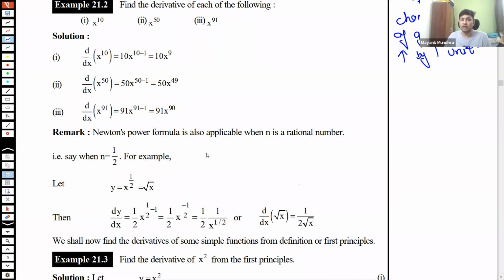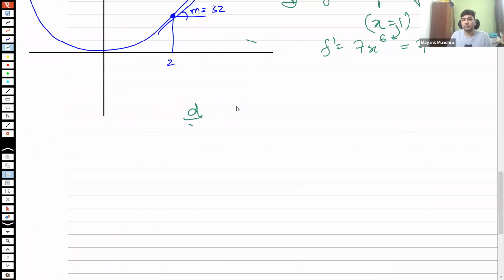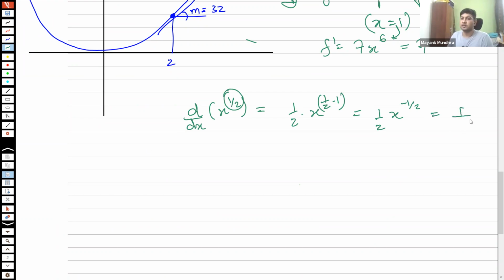So I can write the same rule. d by dx of x to power half is going to be half times x to power half minus 1. So that is half times x to power minus half. So that is going to be 1 by 2 root x.